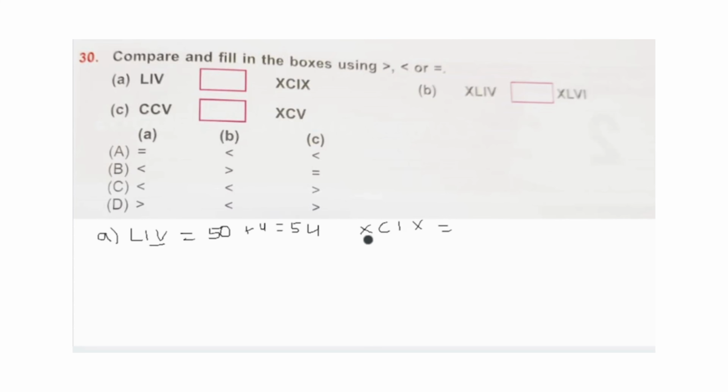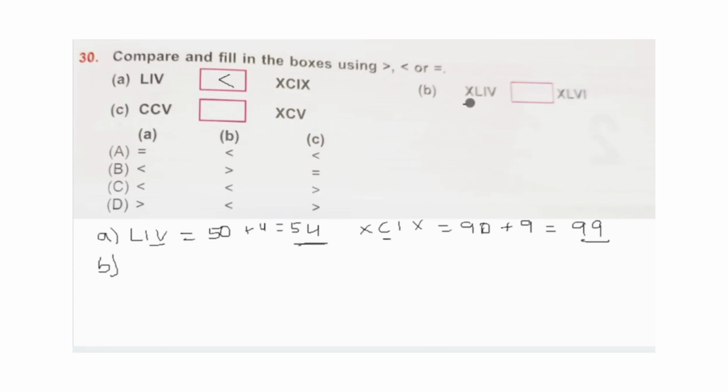Since X is written before C, C is 100 and X will make it 90, plus there is an I before X making it 9. So this value is 99. And now seeing this and this, we know 54 is less than 99.